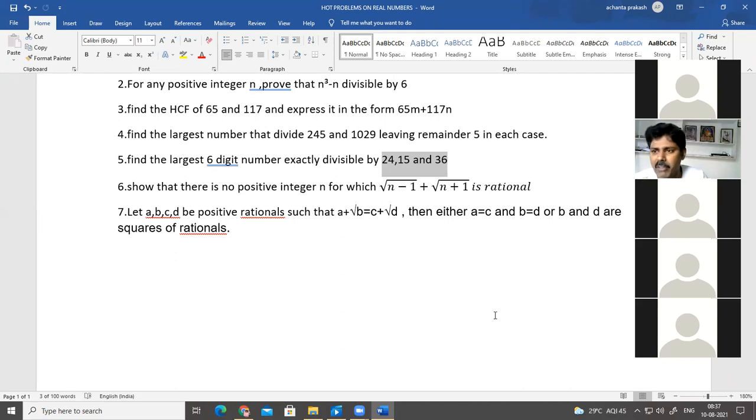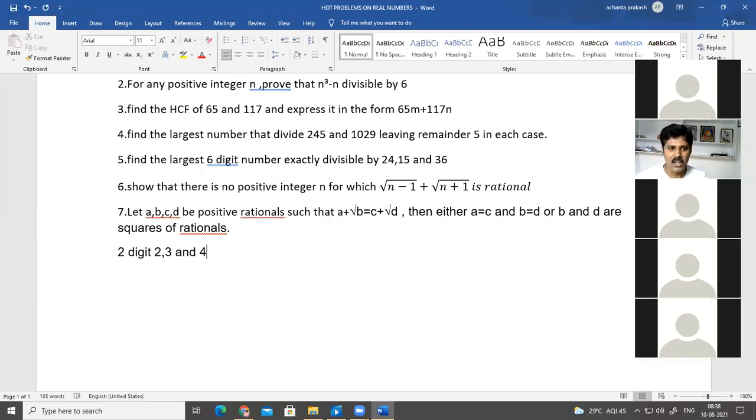Whenever you have a problem like this, go through the previous knowledge that we have. Simply, we go with a simple 2-digit number, exactly divisible by something like 2, 3, 4. If I have 2, 3, 4, what does it mean? It has to be exactly divisible by 2, and by 3, and by 4.